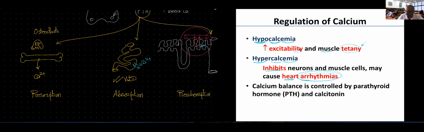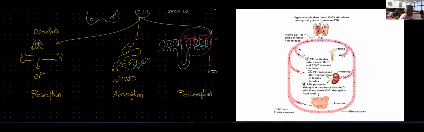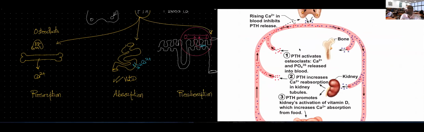So three main actions here: absorption, reabsorption, and resorption. Those are my three actions by which the PTH is going to be increasing your blood calcium level. So again, PTH activates here my osteoclasts, and this is going to cause the bone breakdown, releasing the calcium out in the blood.